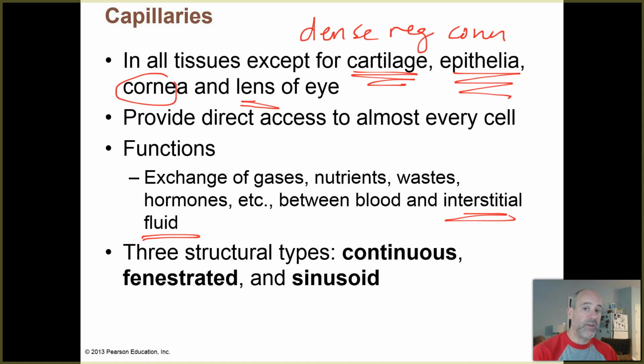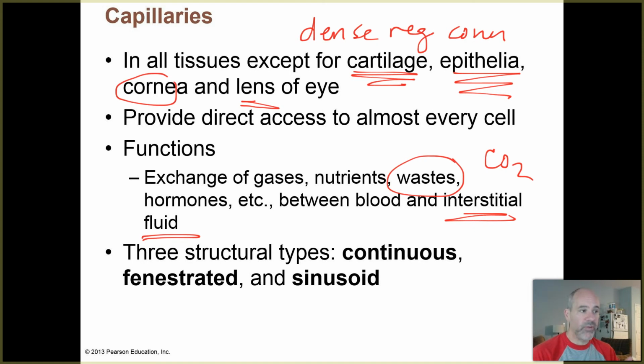And also the fluids in your capillaries have to pick up wastes, including CO2. Carbon dioxide is a waste product of cellular respiration. That has to move into the fluid of the capillaries so that your blood vessels can carry those naughty, nasty things away from your cells.